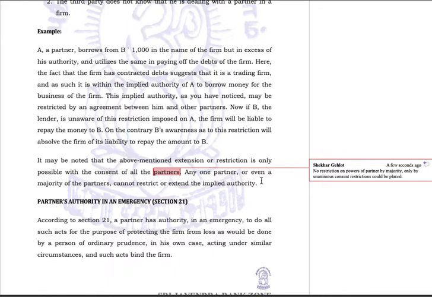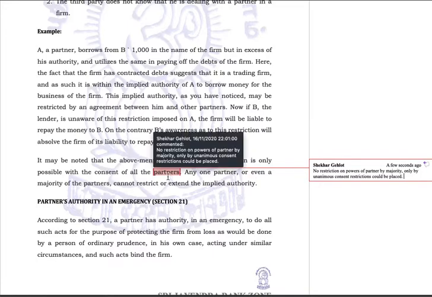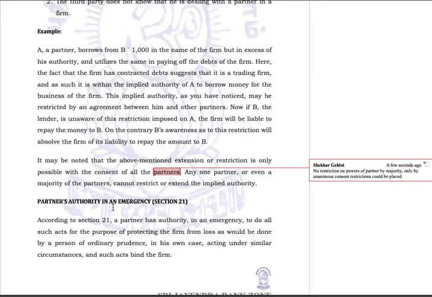Any one partner or even a majority of partners cannot restrict or extend the implied authority because this is provided by statute law.